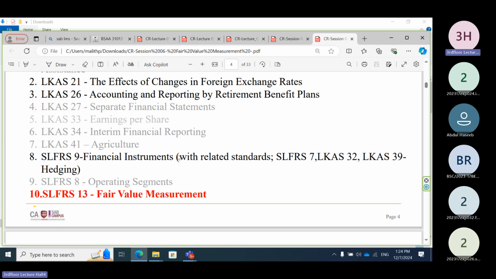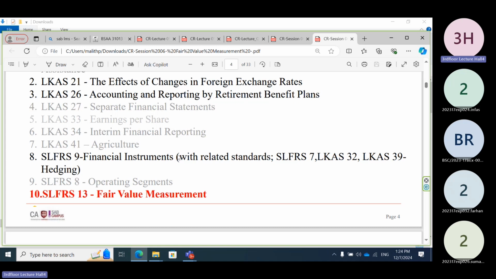Example again. Example later. If you are getting a vehicle, let's say this is not valid if you are getting land, right? Land is not supposed to have depreciation. If you are getting a PPE asset, it is supposed to have depreciation, right?